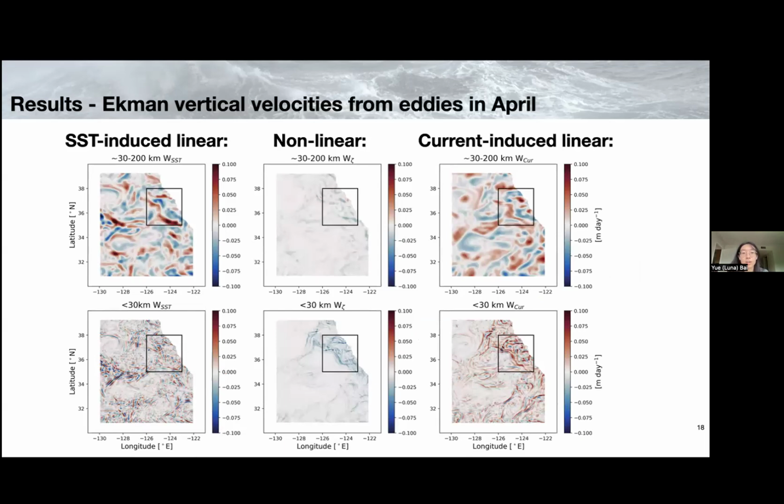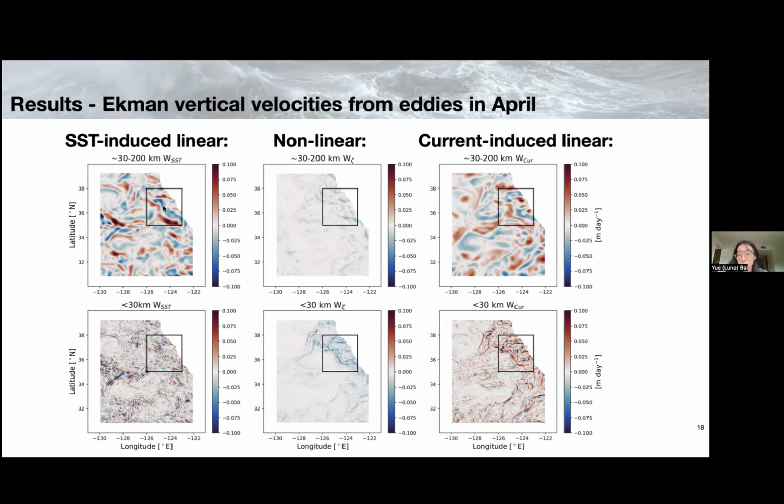And so here is how those vertical velocities look at mesoscale, which is the top row, and sub-mesoscale, which is the bottom row. The top row, which is about 30 to 200 kilometer resolution, can be compared more straightforwardly with previous studies. We can see that the magnitudes for the SST-induced and current-induced linear Ekman vertical velocities are pretty similar.